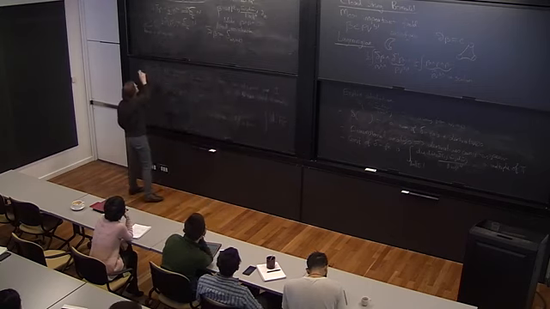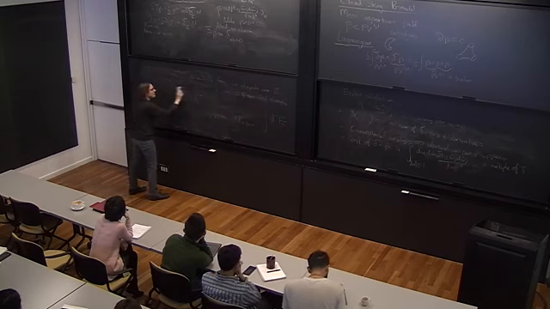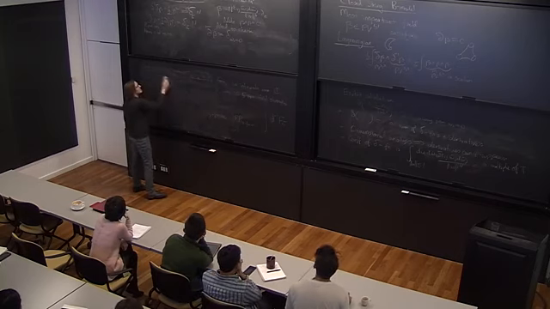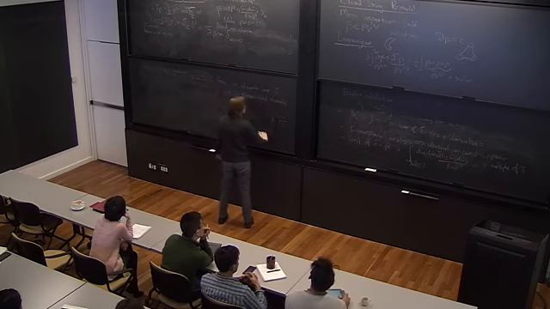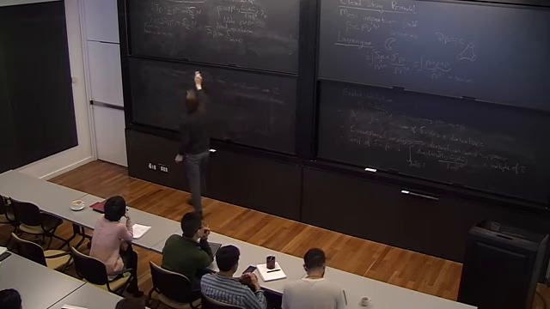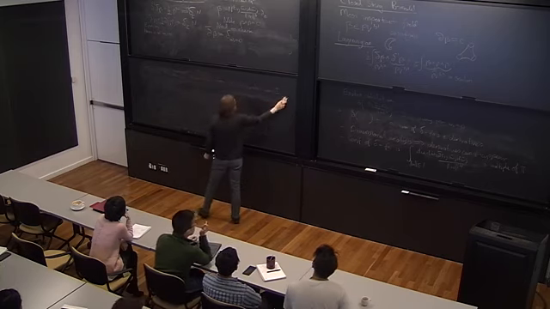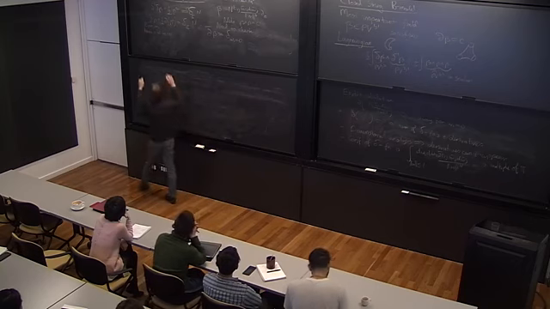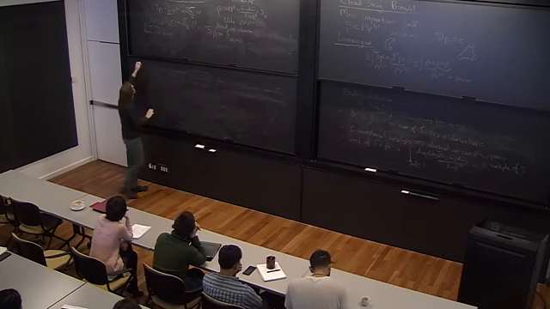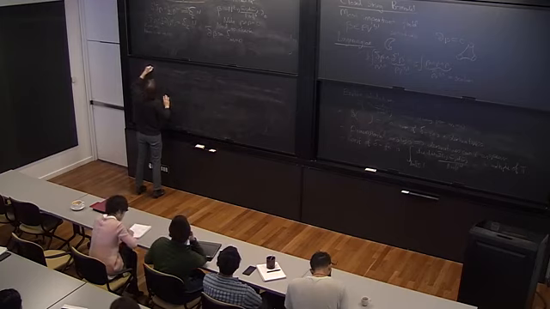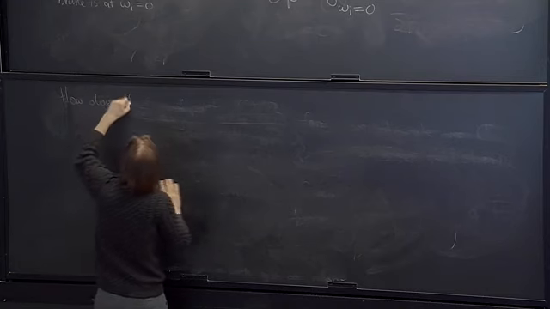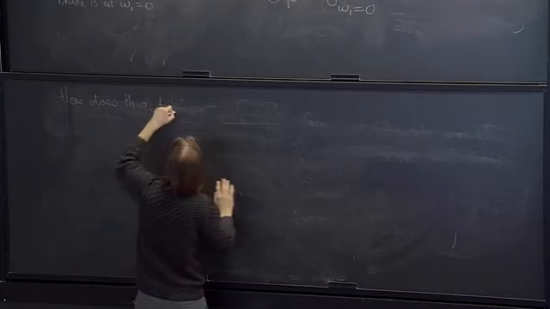So what we're supposed to do is figure out what are the holomorphic functions on this space. So how does this guy deform the geometry?